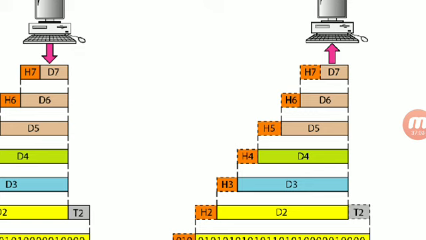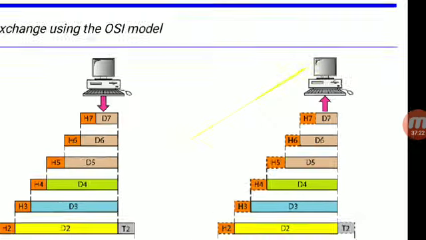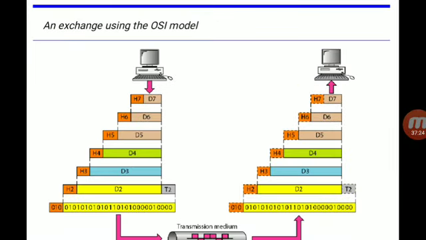And at the 7th layer, H7 and D7, the H7 information is known to the protocol, so H7 is removed and D7 is given to device B. So device B will be able to understand what the data is. This is how the exchange actually took place using the OSI model.